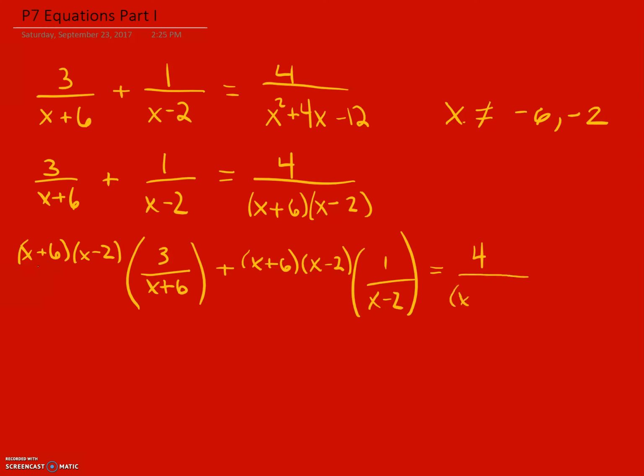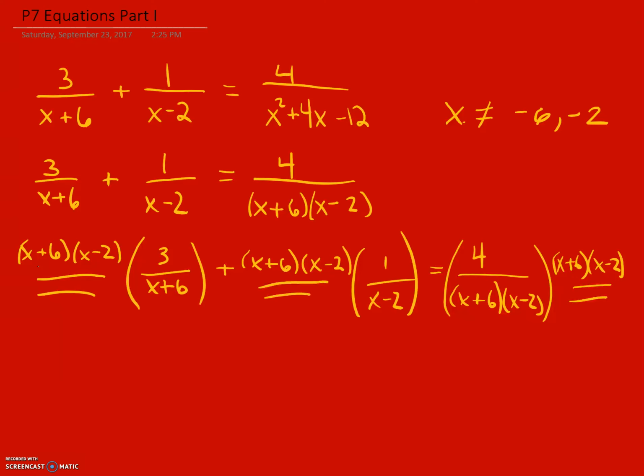This is x plus 6 on the bottom, x times minus 2. We're taking that and multiplying that by the least common denominator, which is x plus 6 and x minus 2. I write that out exhaustively here just to show what's happening. So really distributing this, but I want to make sure that we're understanding that whatever we multiply, we have to multiply to every term in the whole equation to keep it balanced.